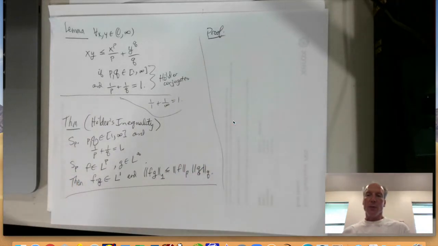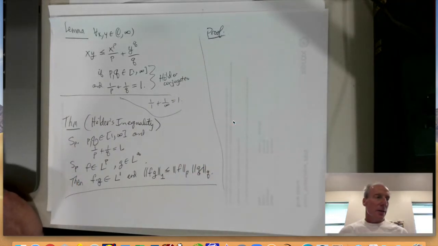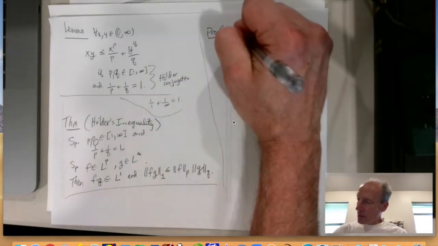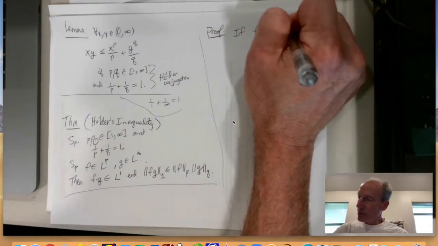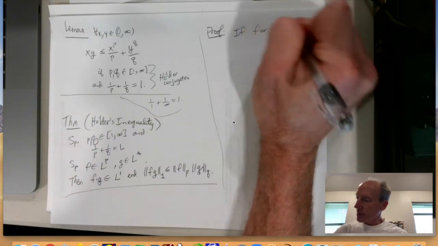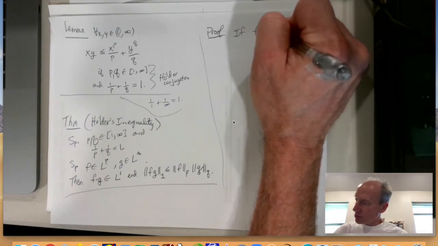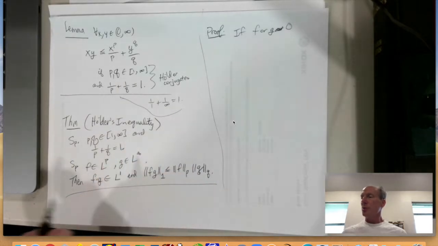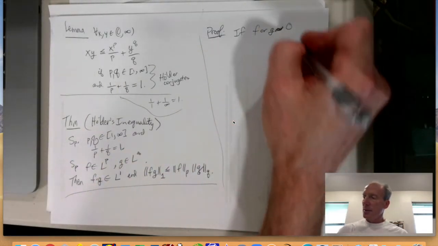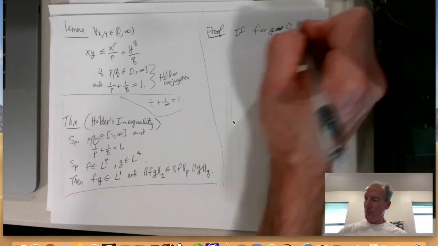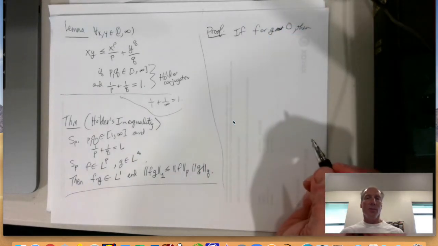Well, first off, there's a simple case if f or g equals 0, or I should say squiggle 0, meaning it's 0 except for a set of measure 0. Then what happens?